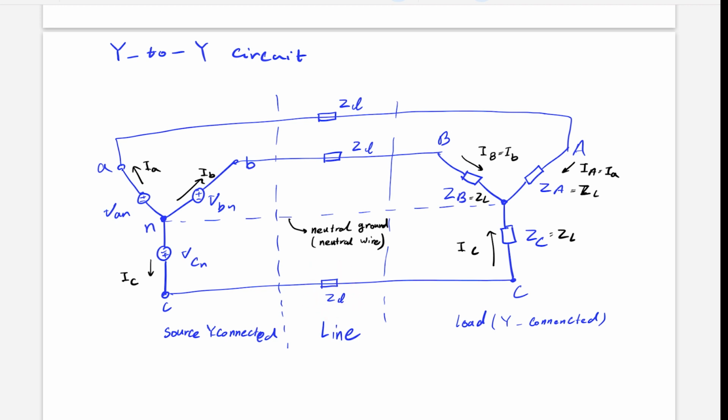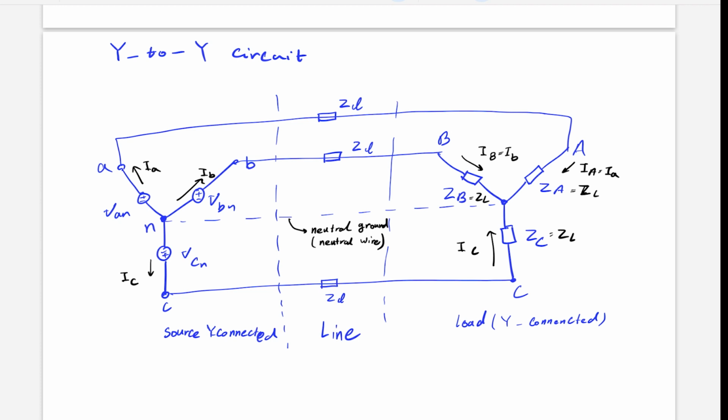Also, the transmission lines ZL will be the same, because from the source to the load, these distances are the same. And this N, which is connected here and here, we can call a neutral node.